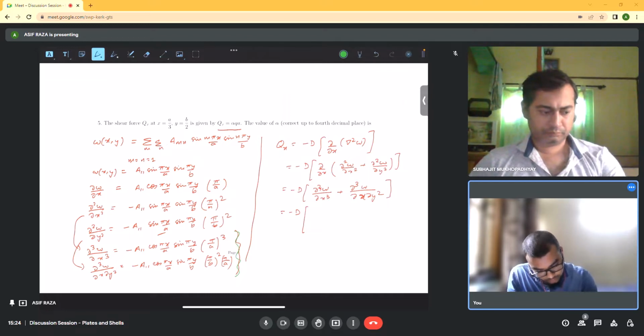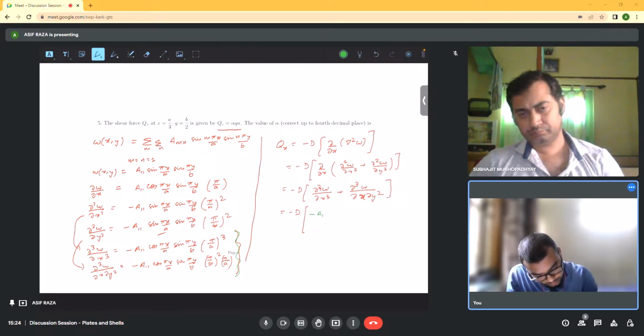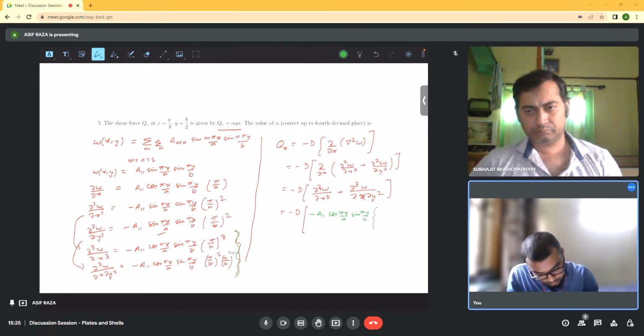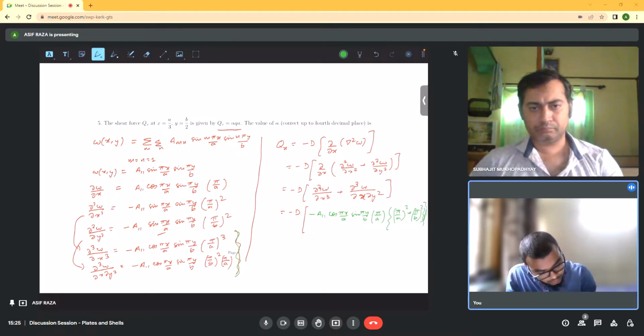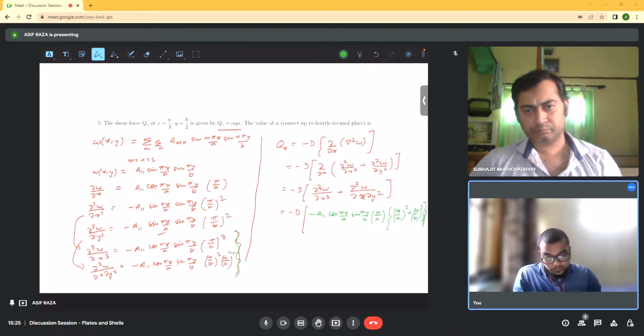So these are common. We'll get 1 cos(πx/a) sin(πy/b). Common terms are, okay, we can take (π/a)² also, then (π/a)² plus (π/b)². I hope there is no typo in this.